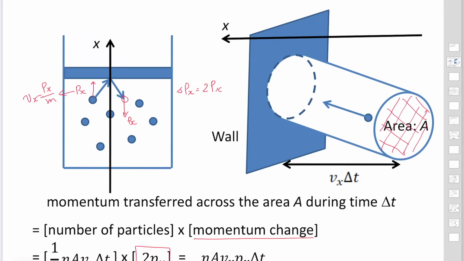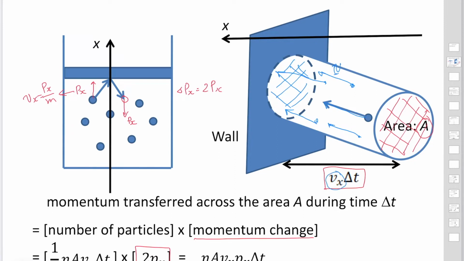The area of the bottom of the cylinder is given by capital A. If the height of the cylinder is v sub x times delta t, then all the particles inside this cylinder can collide with this region of the wall, because the particle is moving in this direction with the same velocity. We only consider a single velocity of the particles, but the x component is expressed as v sub x.